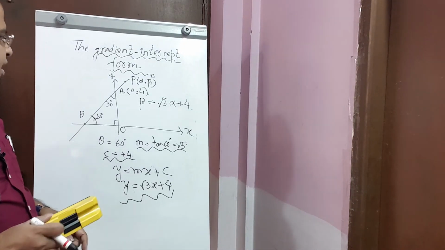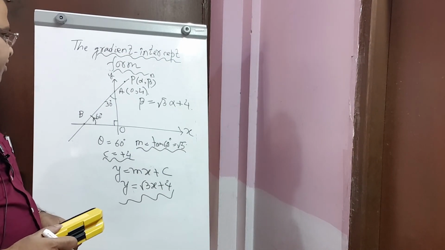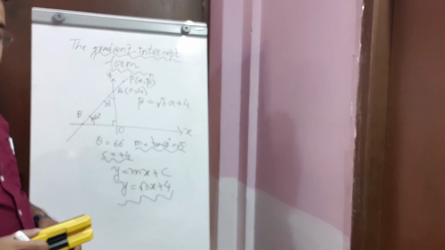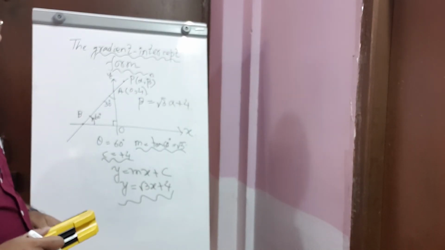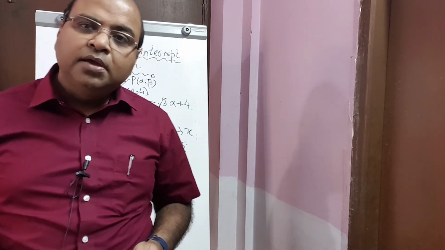So in the next video, we shall be discussing another very important form of the equation of a line, known as the slope point form. There are various other forms also. We will also discuss the two-point form.